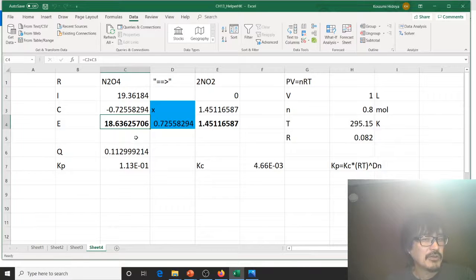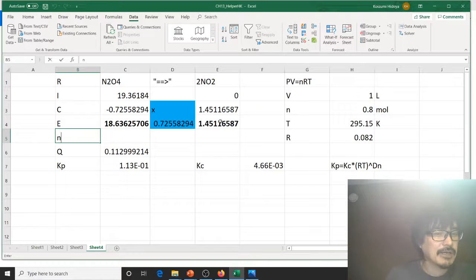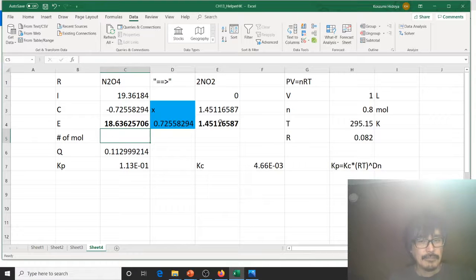Then I have a final pressure, right? So now I'm going to convert this value to n. What is the number of mole? Because this is pressure, in ATM. So if I use PV equal nRT to solve for n, PV divided by RT, right? So let's just do that.